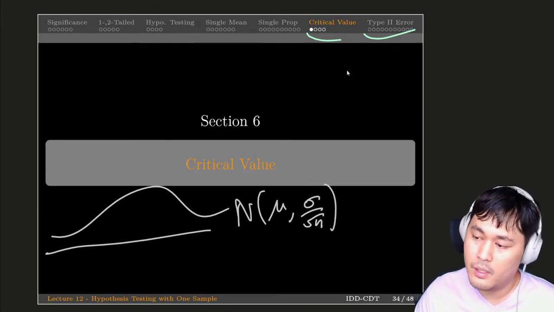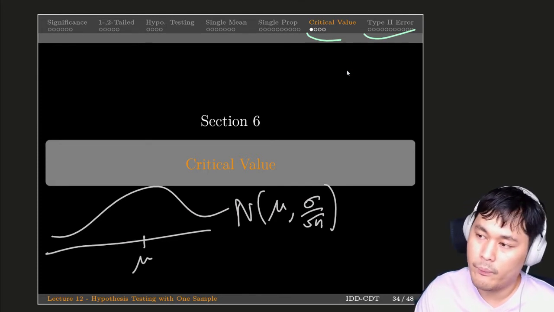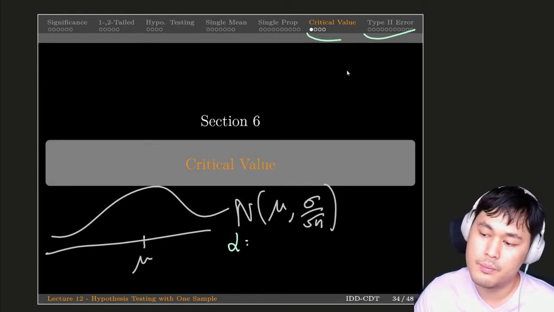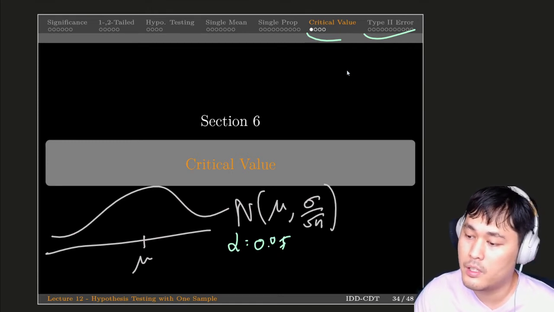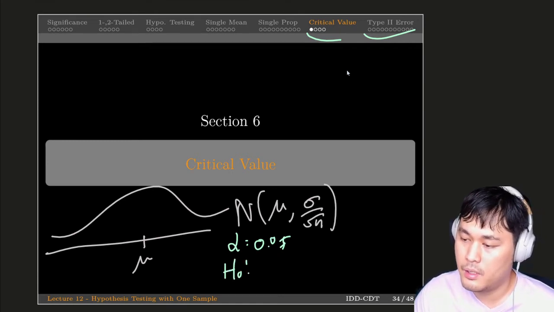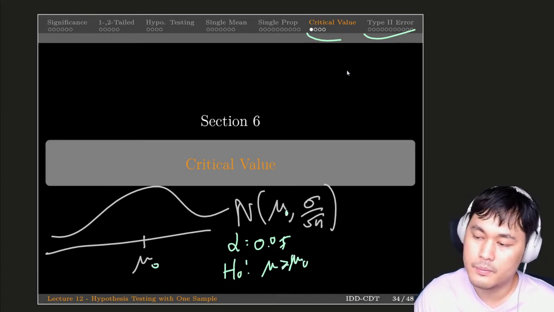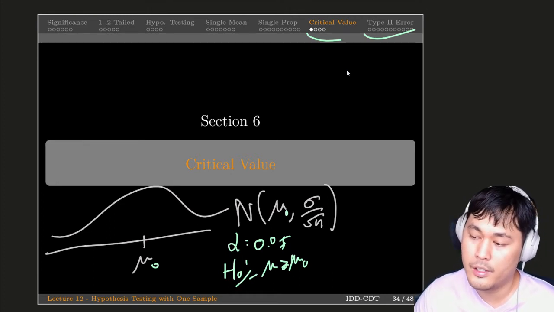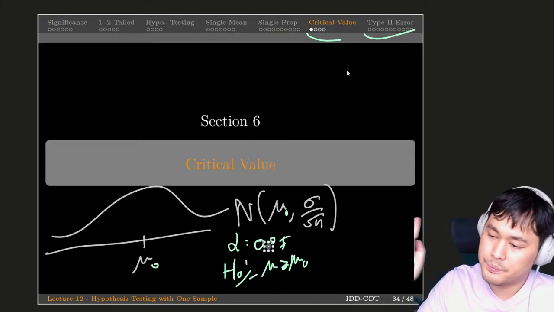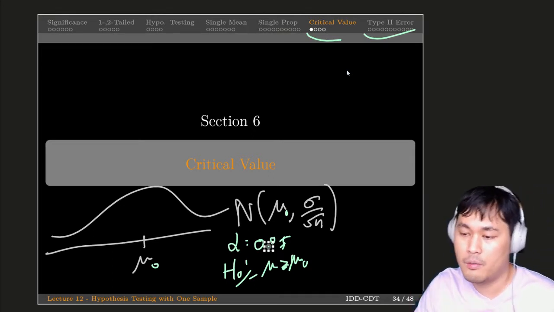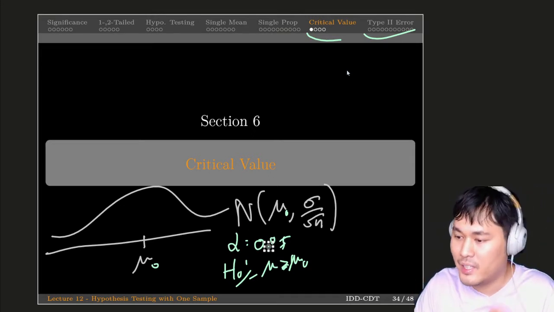If we have the distribution and we have the significance level, let's say 0.05, and let's suppose the hypothesis is in the form of mu0, greater than or equal to, which is the area on the right. So we form the left test.